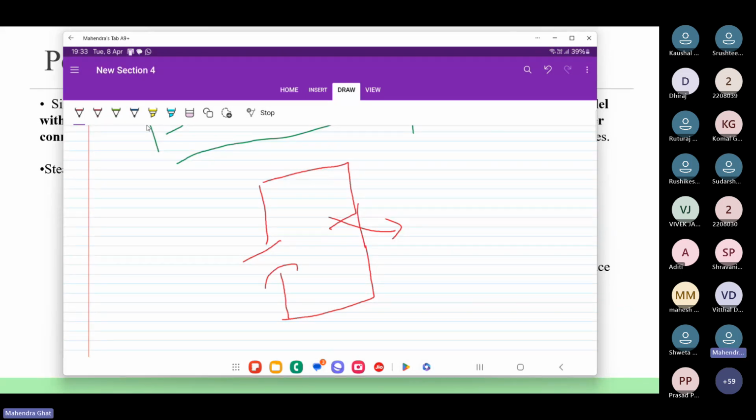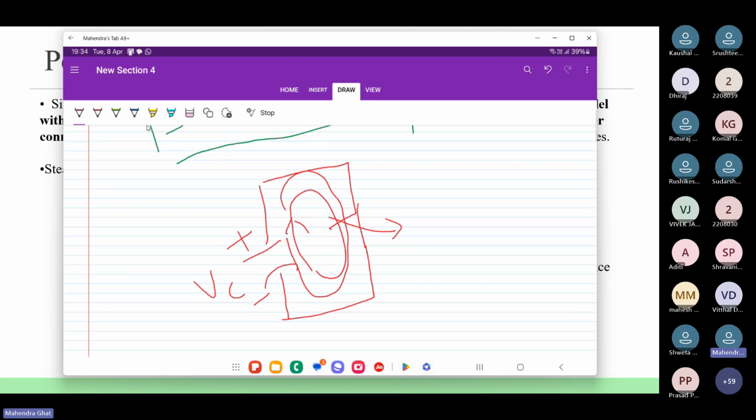What is happening here? This capacitor is already charged to some value of Vc. That Vc is acting as a voltage source, and you are directly shorting it through the switch. So you are shorting the capacitor. That's why we cannot connect any switch directly parallel to this voltage.